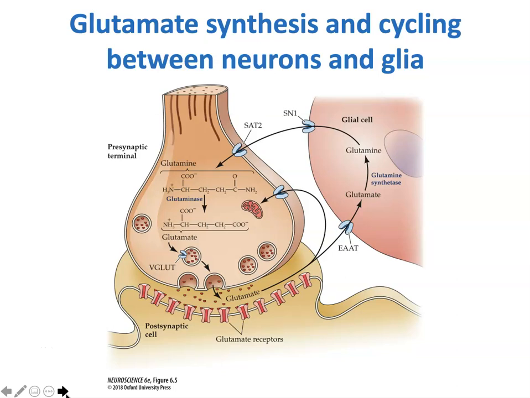of glutamate within the cell, we've already talked about how glutamate does not cross the blood-brain barrier, and so it has to be synthesized at the terminus.